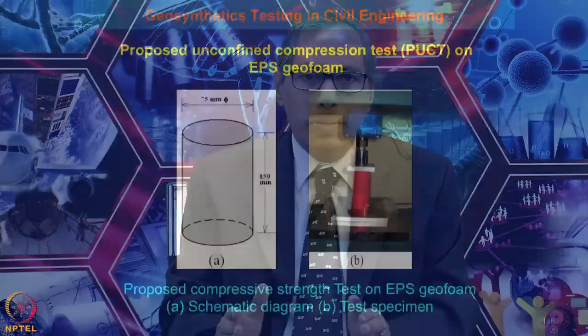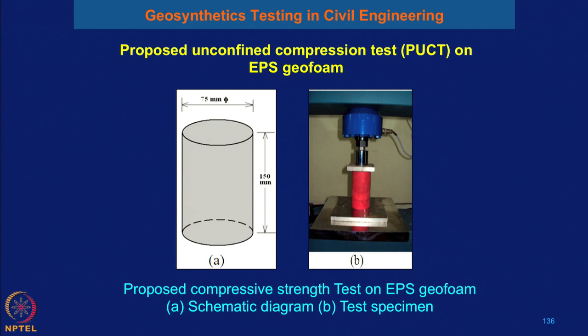Well, now we will discuss some alternative compressive strength tests of the EPS geofoam material, and this is the proposed unconfined compressive strength test, which has been developed at IIT Bombay.